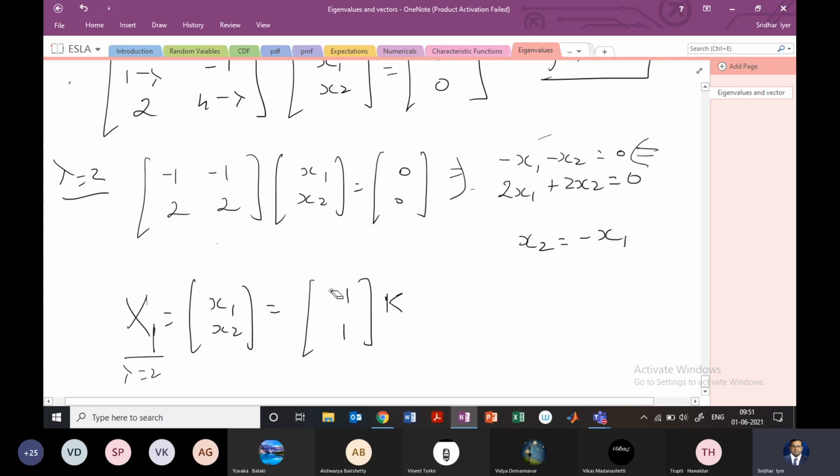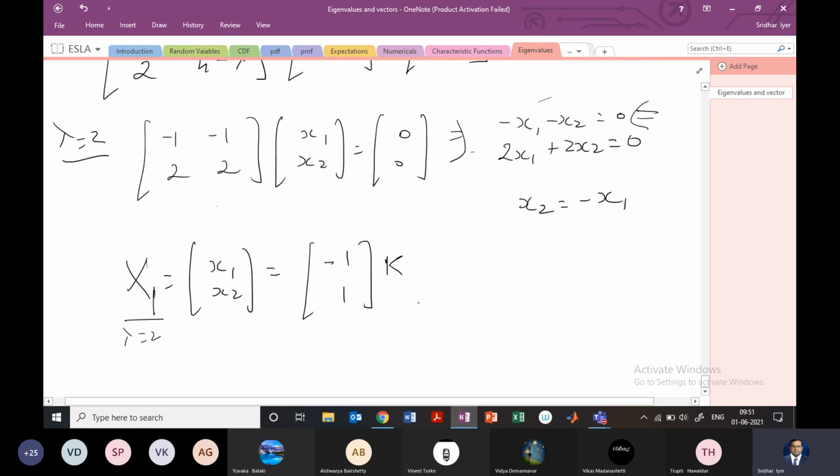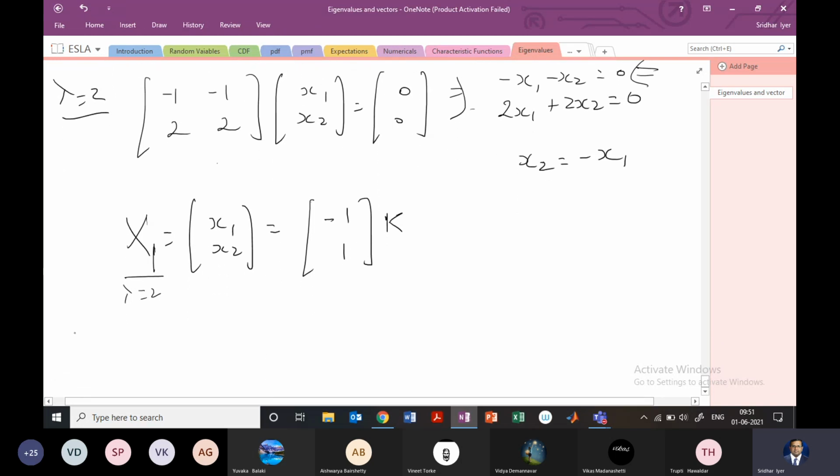If you don't like that, you can also write it as 1 and negative 1, because only the sign is changing. It is multiplied with a constant k. So this is the first vector corresponding to lambda equal to 2.